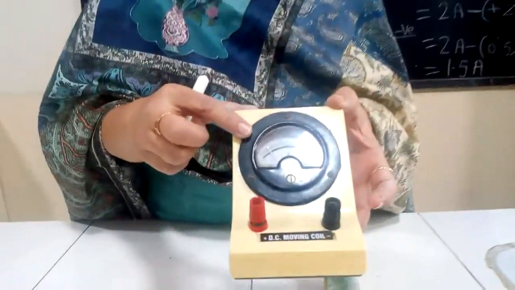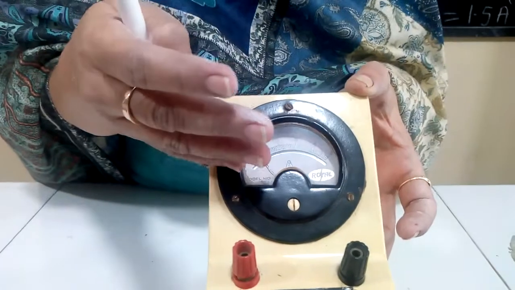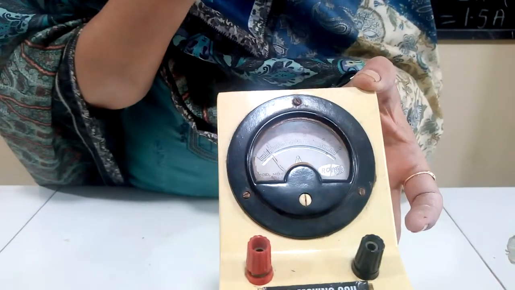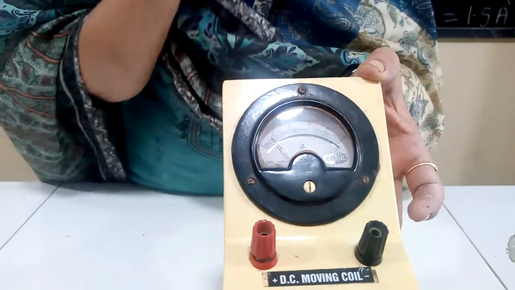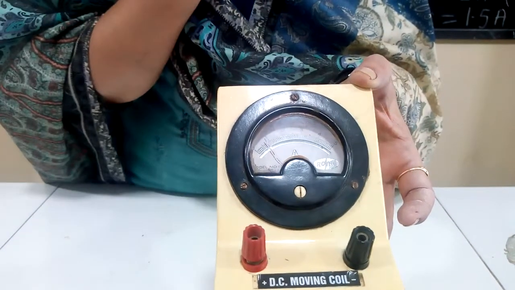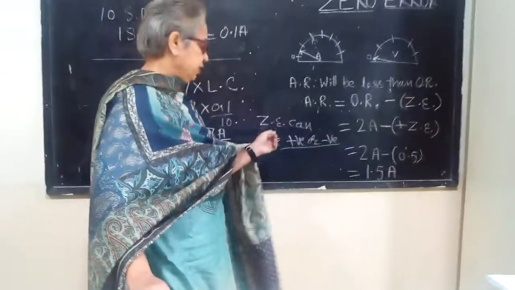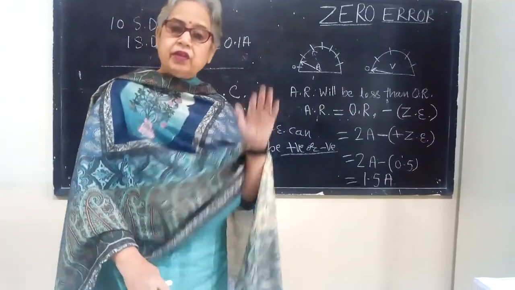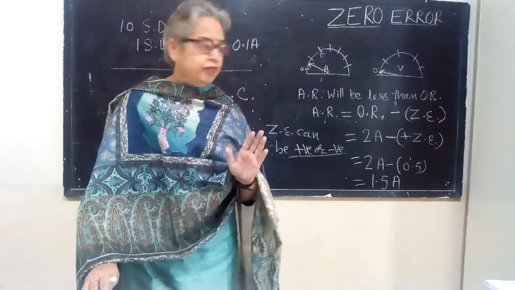So again we come and look into this device. Now you can see the pointer is above the 0, right? So you keep in mind, if the pointer of a device is above the 0, the error is positive. And if the pointer is below the 0, the error is negative.